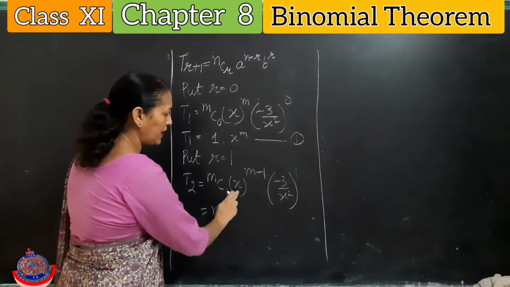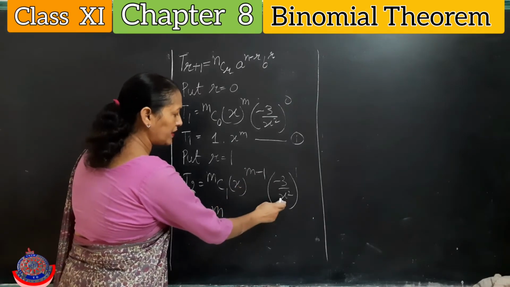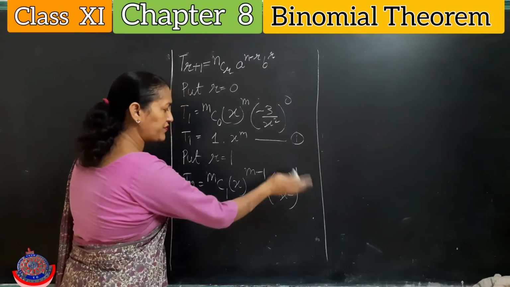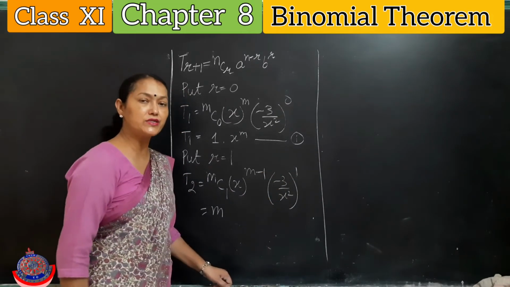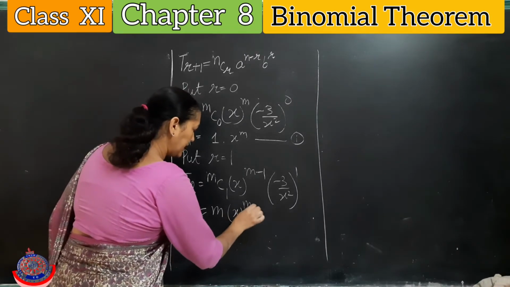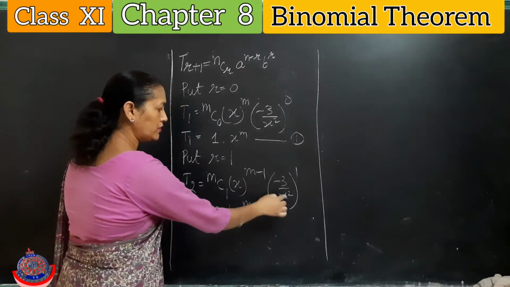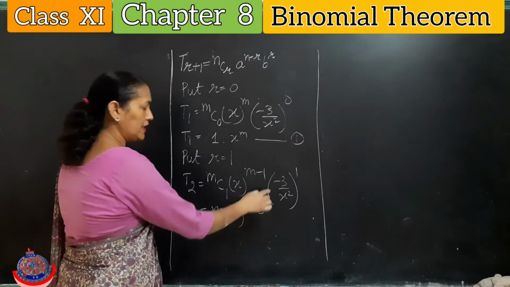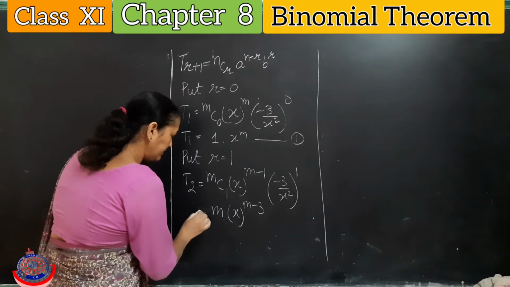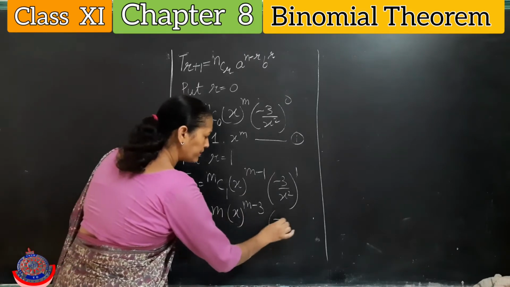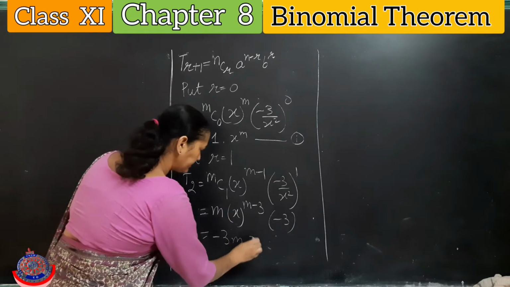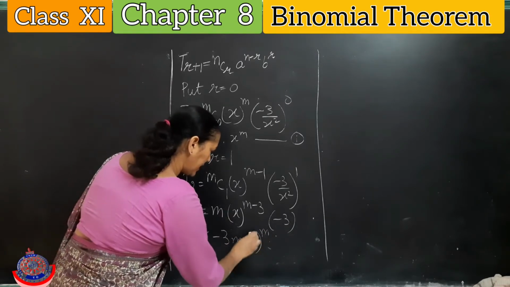Here x has power m minus 1, and from here x square power 1 is there, so when shifted to the numerator it will be minus 2. So you will have x power m minus 3. Minus 3 power 1 means minus 3 only. So we write minus 3m x power m minus 3.